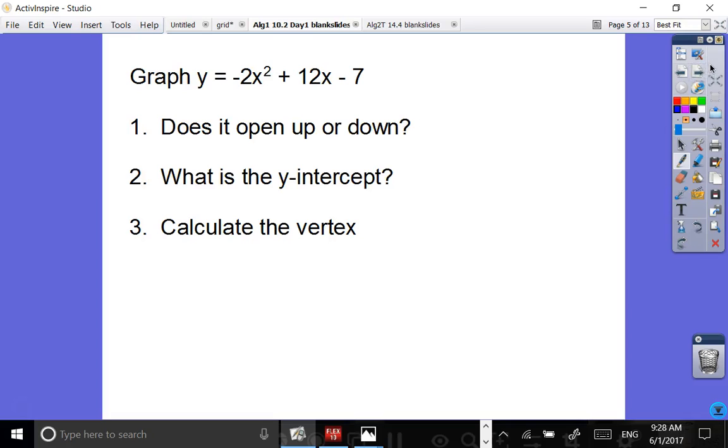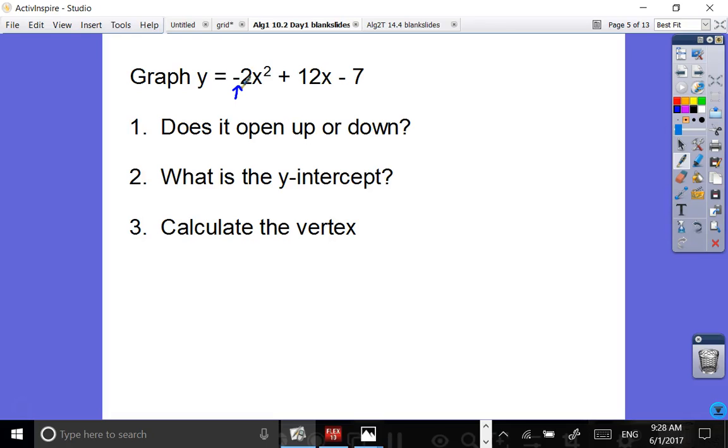Whenever you look at a quadratic function in standard form, meaning the highest degree term is to the left and then the exponents decrease, the first term, as we've already dealt with, tells you whether it opens up or down. Does that one open up or down?